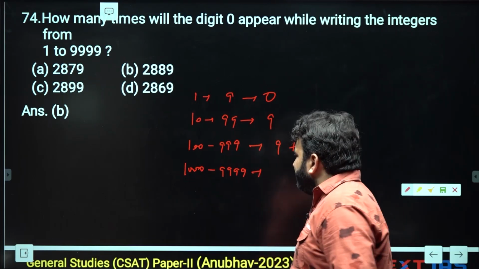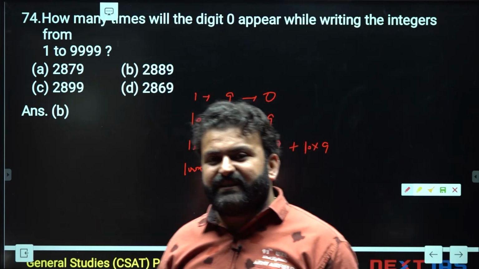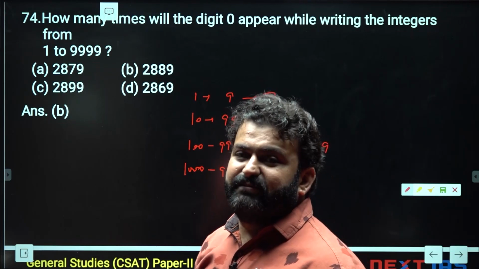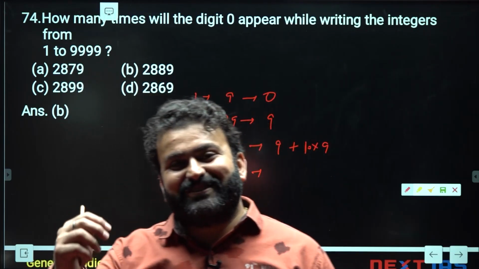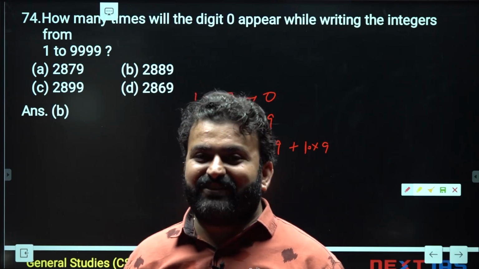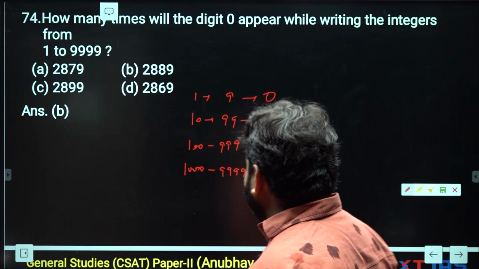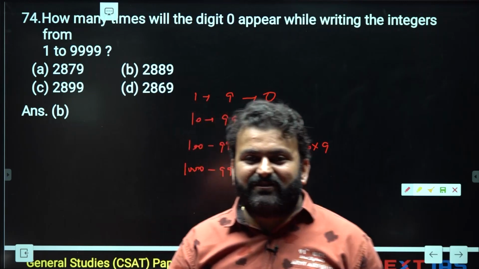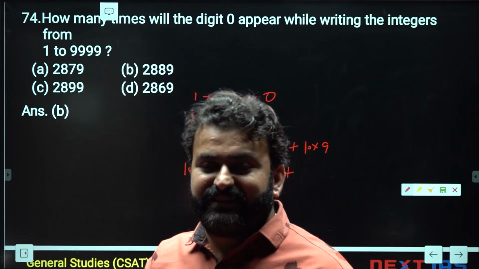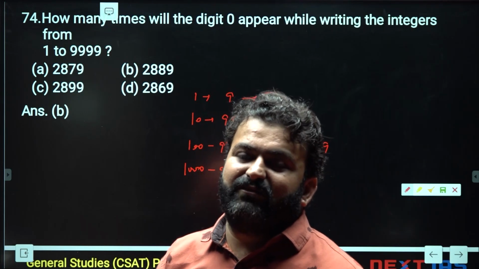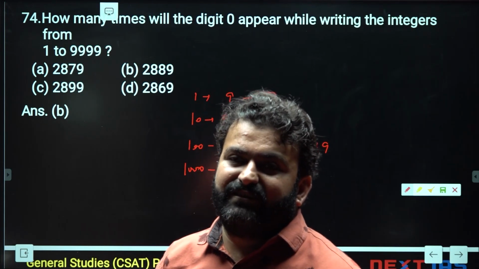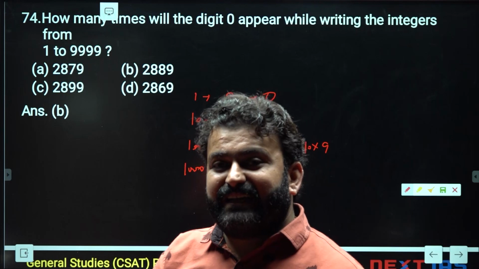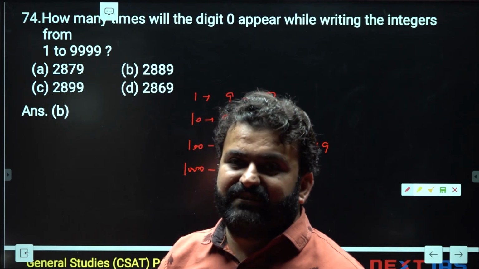Similarly here, now all of you do the calculation in exactly the same manner. At the unit digit place, 1000, 2000, 3000, 4000, 5000, 6000, 7000, 8000, 9000, so this is 9 times. And then calculate at the 10th digit, sorry, the unit digit is done, then the 10th digit. So at the 10th digit, see in what all numbers you will have it, and then similarly in the 100th digit.